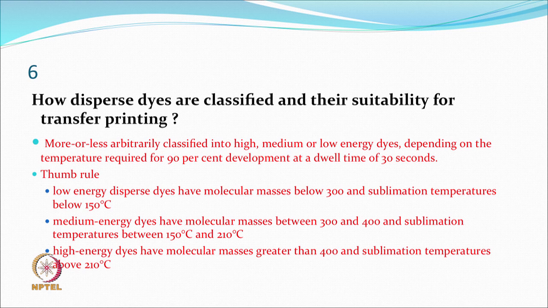So, those are the things. Medium energy dyes have been classified roughly with molecular masses between 300 to 400 and sublimation between 150 to 200, because it is a very large range. So, this is not something where you say, well, this is it and not. And high energy dyes would definitely have more than 400 and sublimation temperature also more than 210.